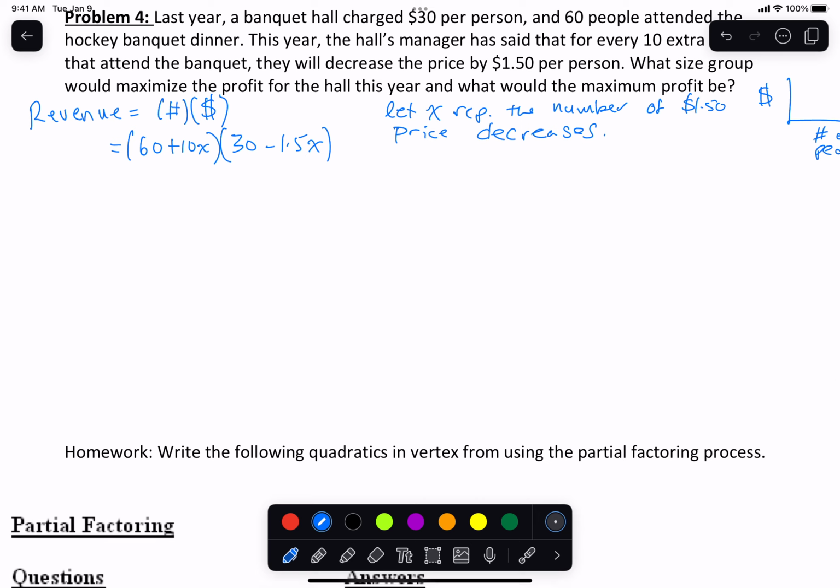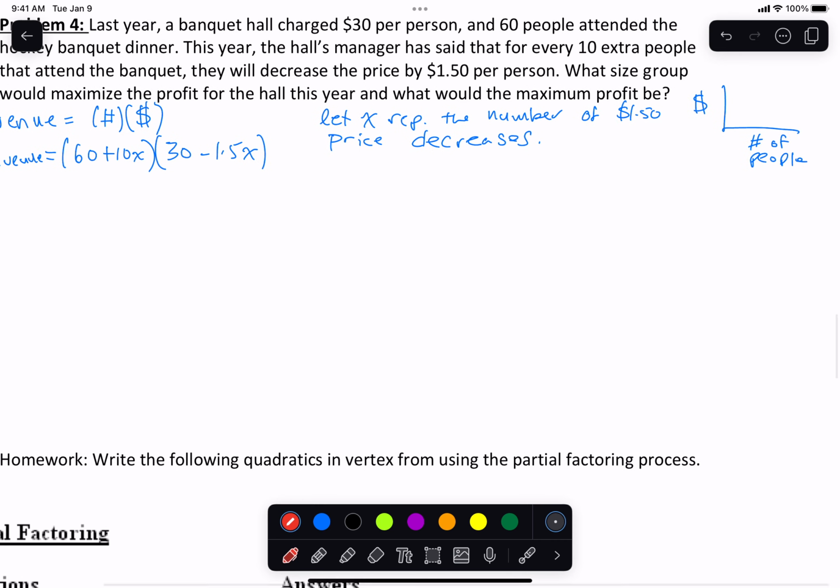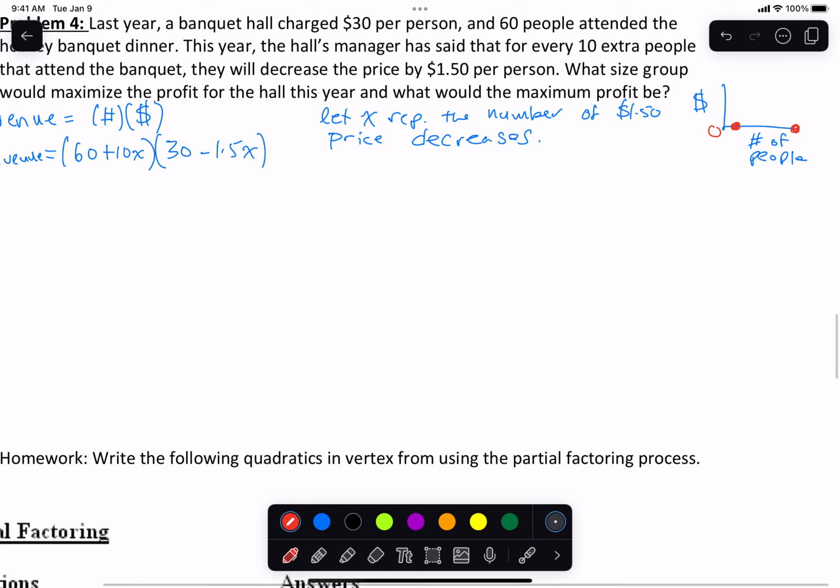Now, yesterday we alluded to the idea that last year we would have expanded, completed the square, and found the vertex. We don't need to do that. These are the points on the graph where revenue was 0.